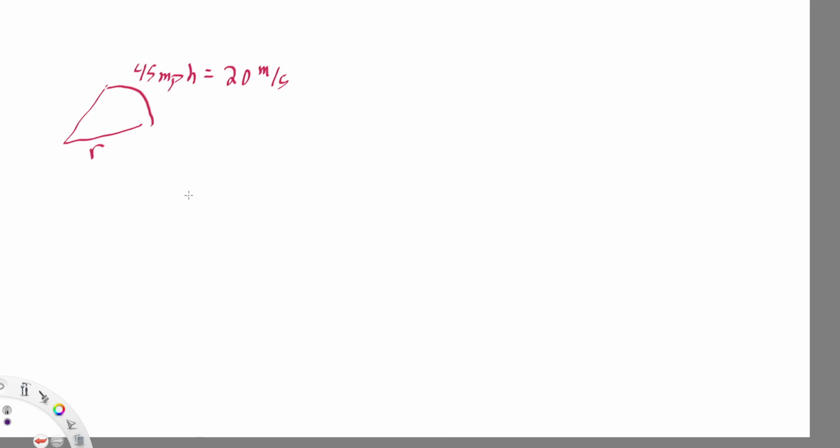So remember when I said many things were basically a box on a ramp? Well, here's a car on a banked curve. And the banking of the curve is not much, right? It's usually tilted like 5 degrees.